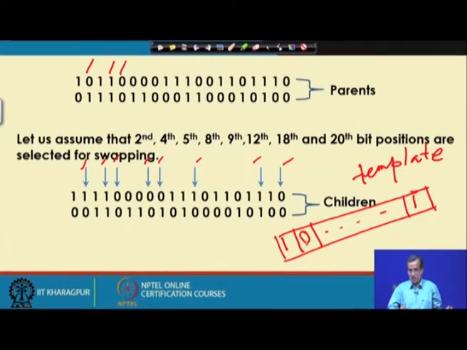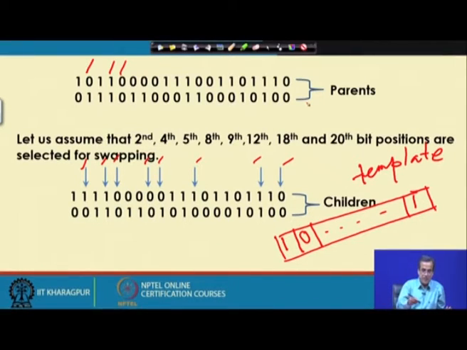This procedure is followed for all the 20 bit positions. By using this template, I can also implement the concept of uniform crossover. Starting from the 2 parents, I will be getting the children solution.